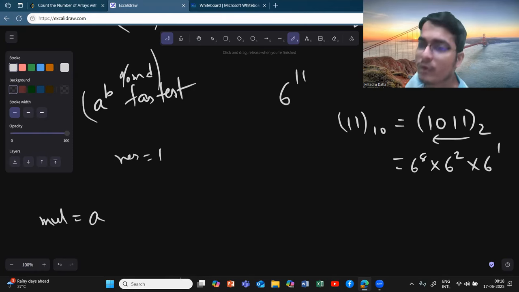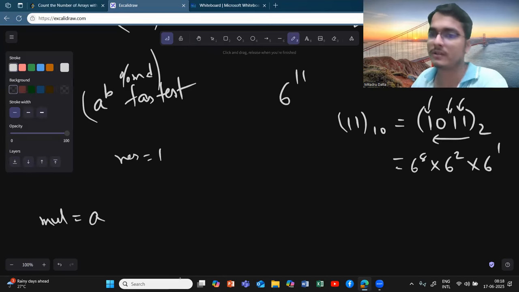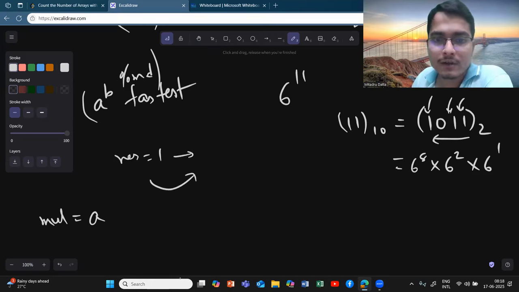So you traverse through all the bits of the number. This bit means to the power 0, which is nothing but 1. This bit means 2 to the power 1. This bit means 2 to the power 3. You traverse through the bits of the number, and every time you get a 1, you multiply your result with the multiplier. So you get the 1 here, the result converts into 6. Why 6? Because you get a 1 here.